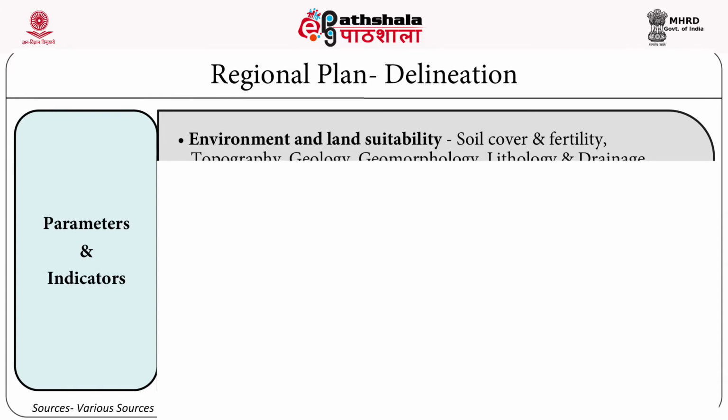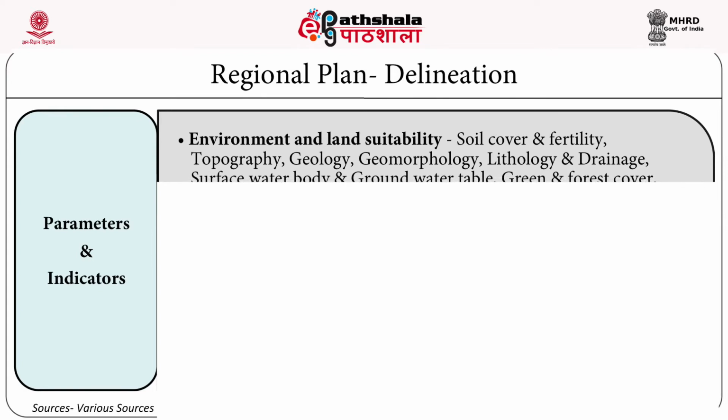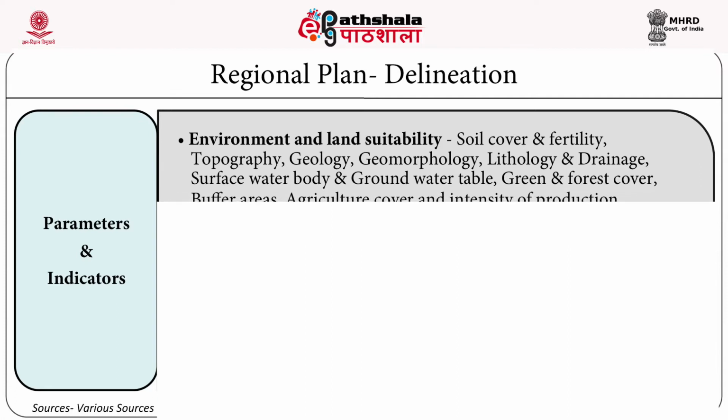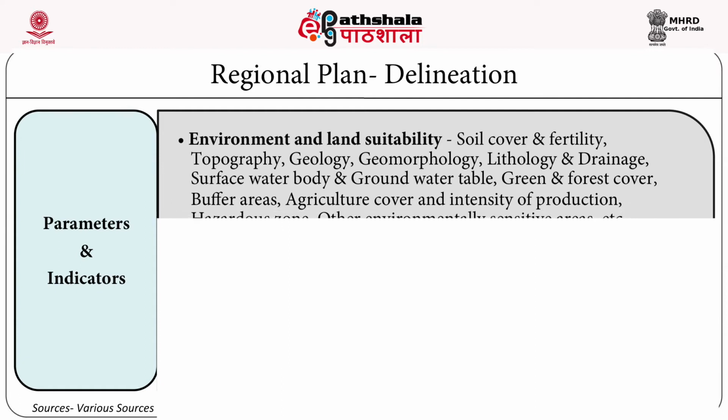Then the geology maps, the geomorphology, the lithology and drainage, then the surface water bodies, the groundwater table, the forest cover, then buffer areas, agricultural lands, and the intensity of production, whether it is a high productive or a low productive agricultural land, we require to know that.